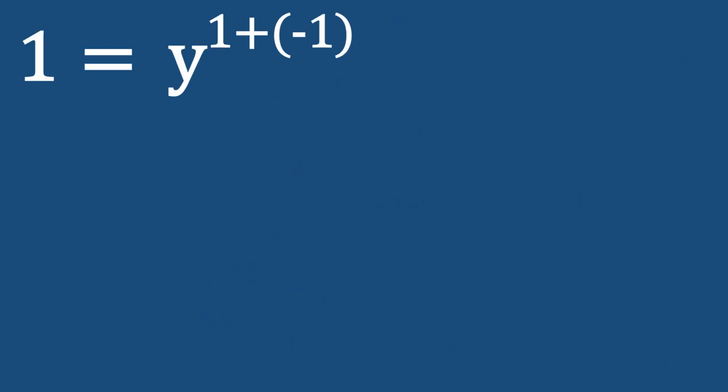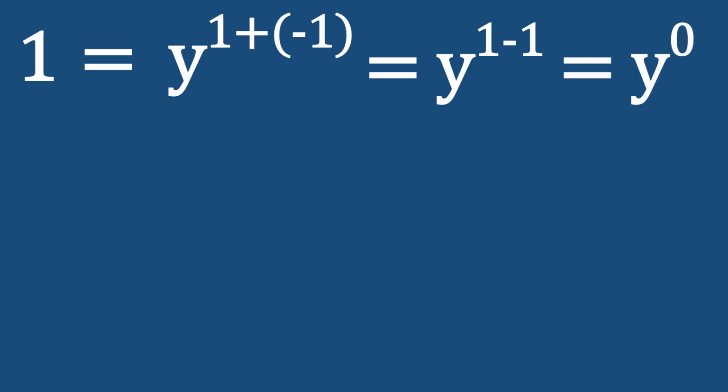So we've been able to express 1 to be equals to y raised to the power 1 plus bracket open minus 1 bracket close, which we further simplified as y raised to the power of 1 minus 1, and where 1 minus 1 is equals to 0, therefore we have y raised to the power 0.